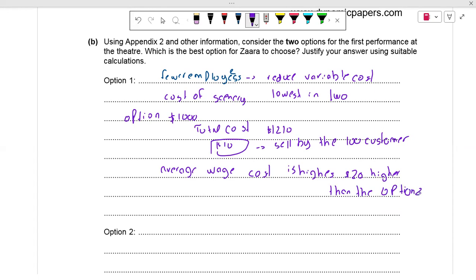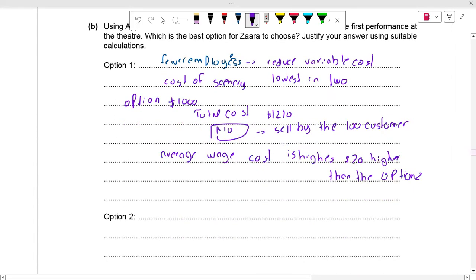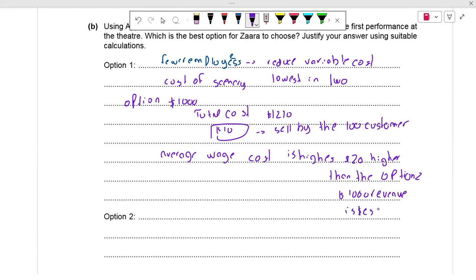And there will be lower revenue. We know that there will be lower revenue with $1,000, and in option 2 we can see that there was $2,500. So the $1,000 revenue is less than option 2. In option 2, there was $2,500 revenue.